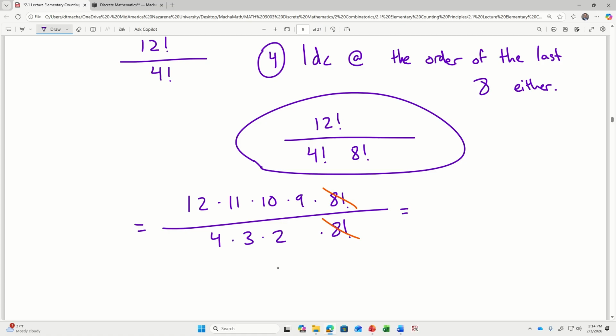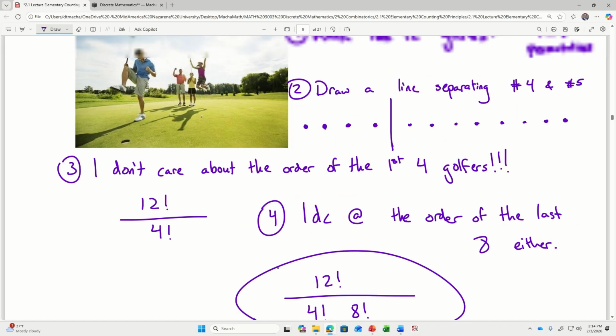Then you get 12 divided by 4 is 3, times 11. 10 divided by 2 is 5, and 9 divided by 3 is 3. So you get 11 times 45, which is 495. That's what Carter got, so I think it's right. Nice. Good.